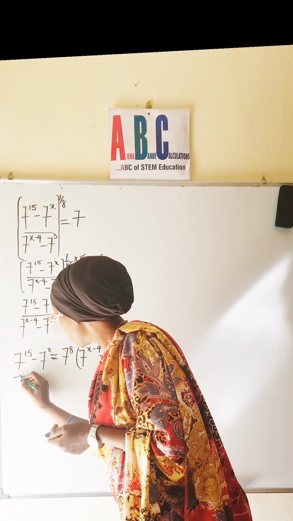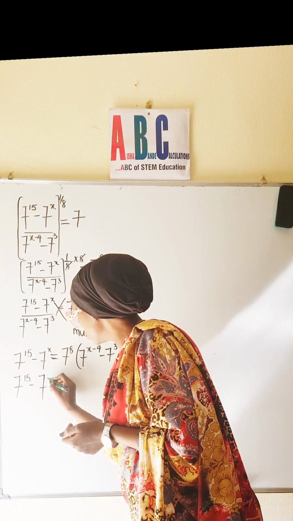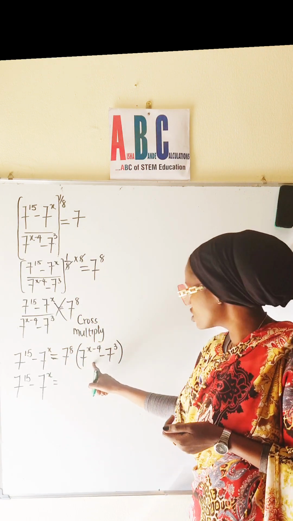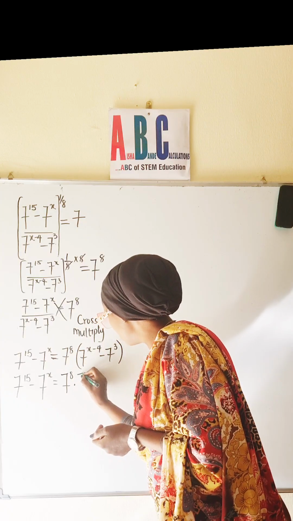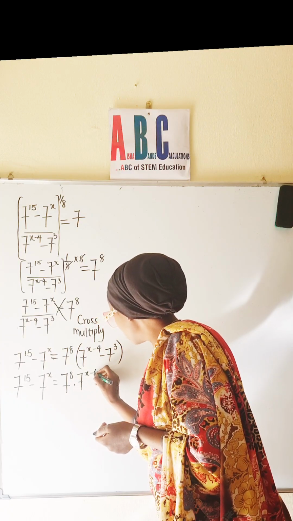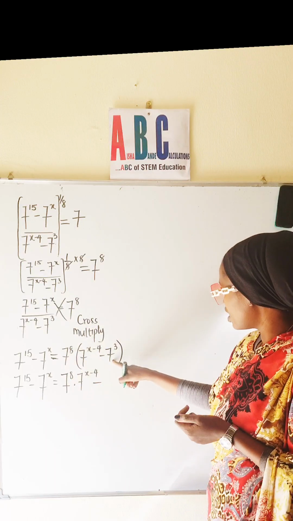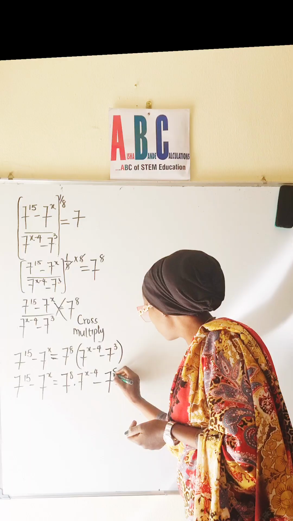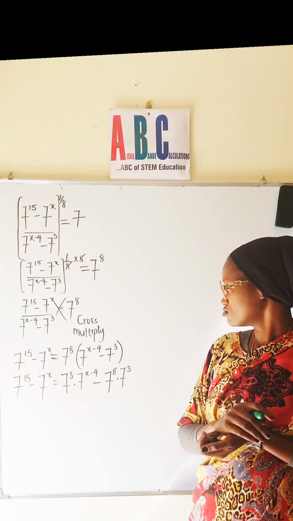So we're going to be left with 7^15 − 7^x is equal to 7^8 multiplied by the first term, 7^(x−4), minus 7^8 multiplied by the second term in the bracket, 7^3.